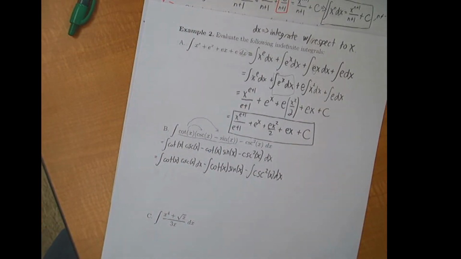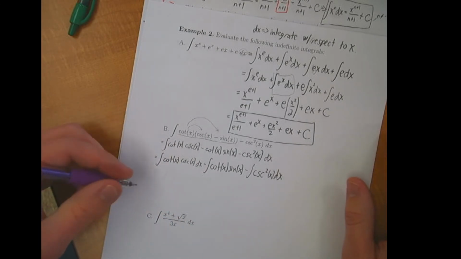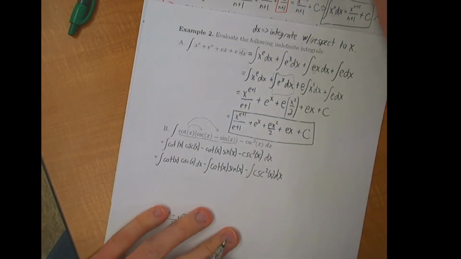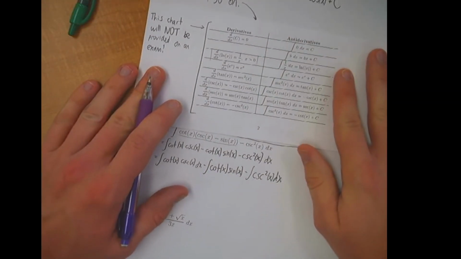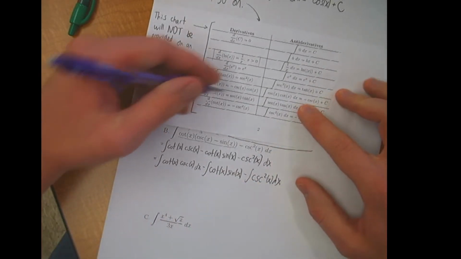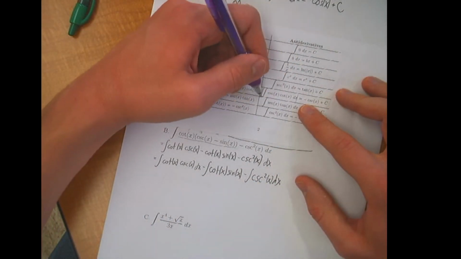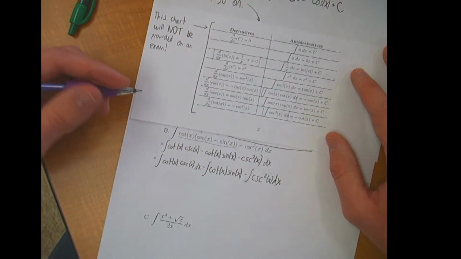So in this case, it looks like we're going to need to deal with the integrals of trigonometric functions here. So if we take a look at the table that we've got, it seems to say, all right, well, we have the integral of cosecant times cotangent, as well as the integral of cosecant squared.